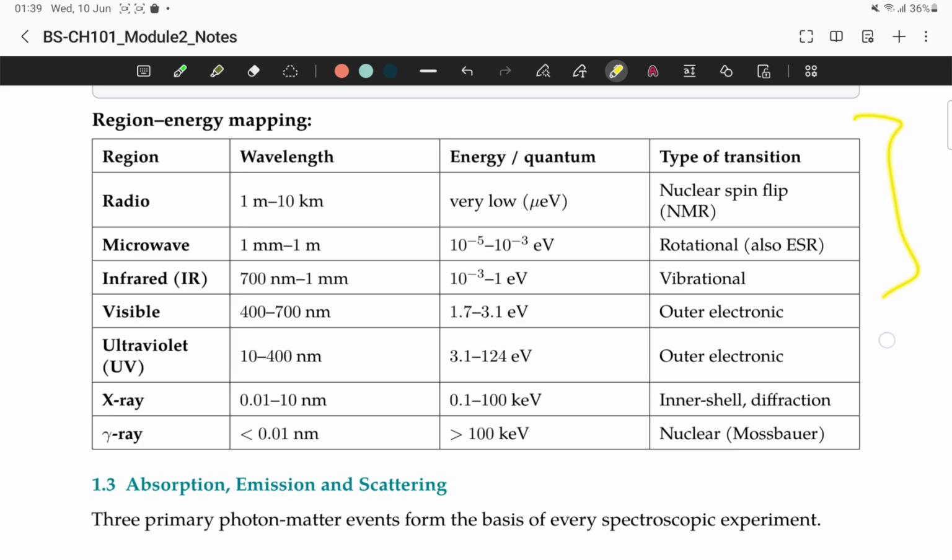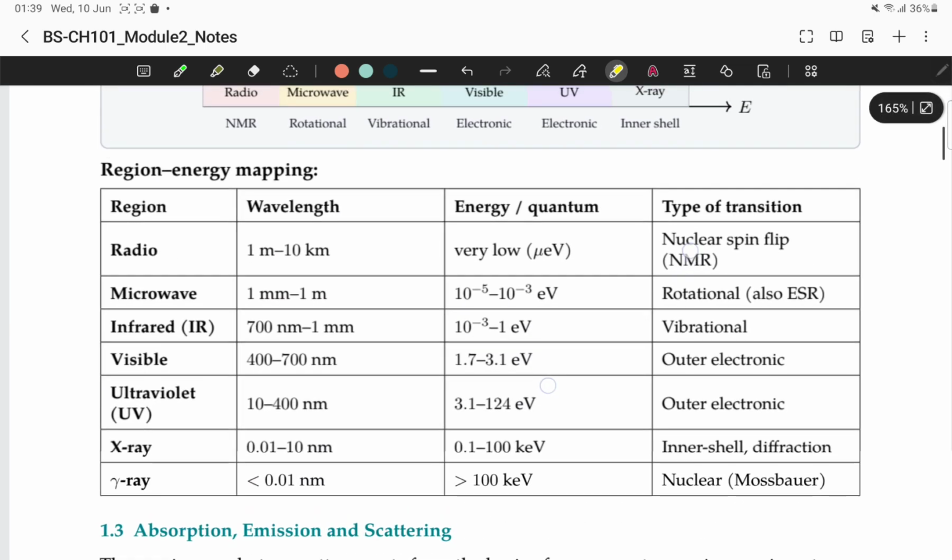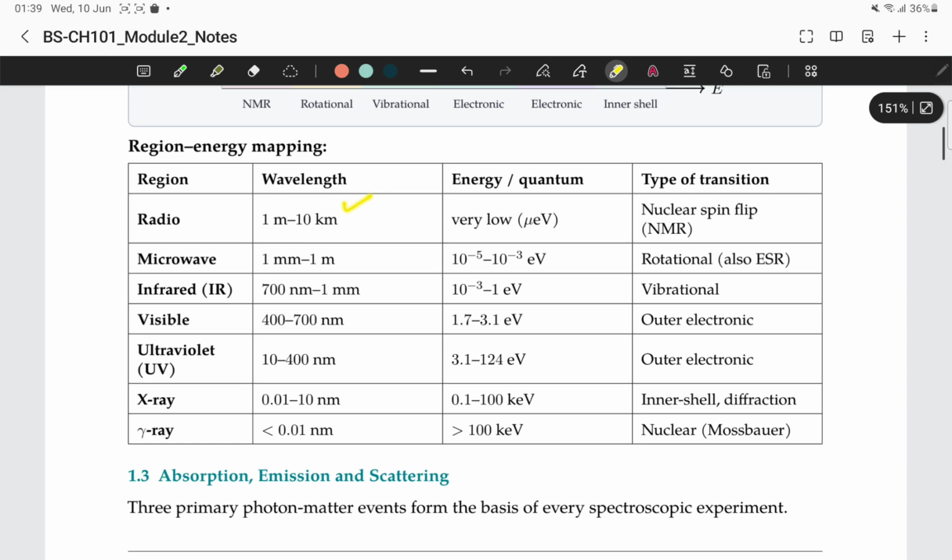Here you can see this table, where radio wave has very low energy, but its wavelength is one of the longest, 1 meter to 10 kilometers. The type of transition is nuclear spin flip, as in NMR and MRI. Then microwave.